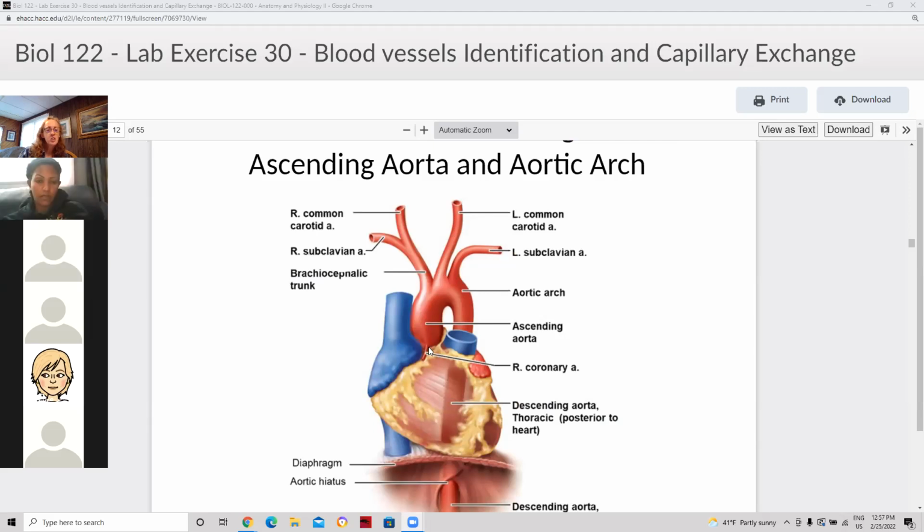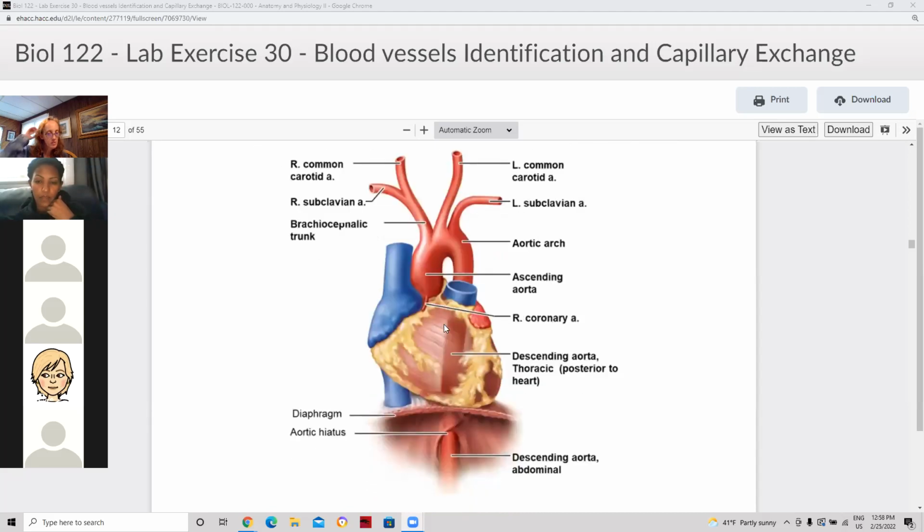Two major branches come off right immediately after the aortic semilunar valve: the right coronary artery and the left coronary artery. Questions?